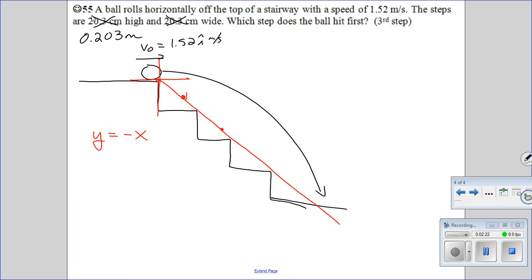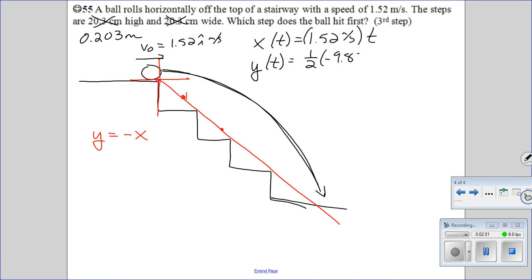Okay, so let's go back to the projectile, the ball coming down, and let's write out what we know. At any given time, my horizontal position is going to be this horizontal velocity, 1.52 meters a second, times the time, right? And vertically, my position at any given time is 1/2 of -9.8 meters a second squared times time squared, plus my initial vertical velocity, which is 0, right?